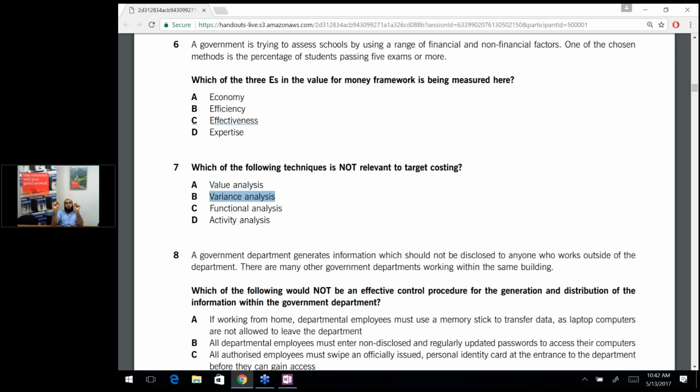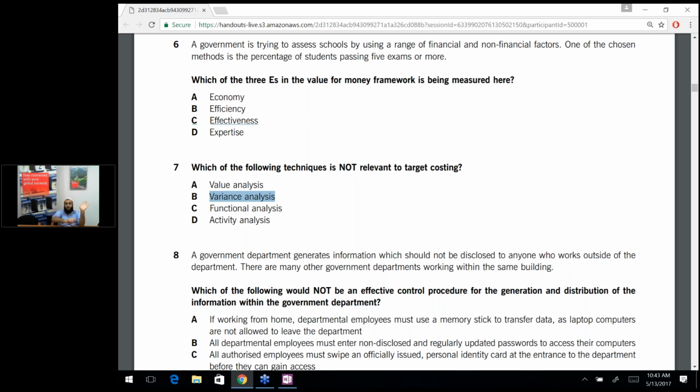What is target costing? Target costing is a technique in which we identify a cost gap. And this cost gap is identified not after production, but before production. If it is identified before production, there are no actual results.